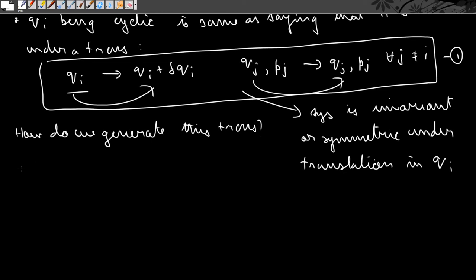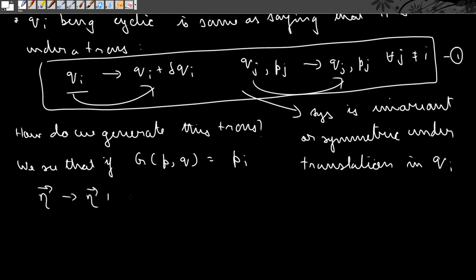So we see that if we choose our G(p,q) to be equal to just pi, then the corresponding transformation from η to η plus δη corresponds to the following. We know that δη is given by ε J ∂G/∂η.